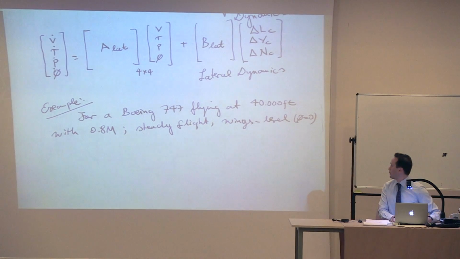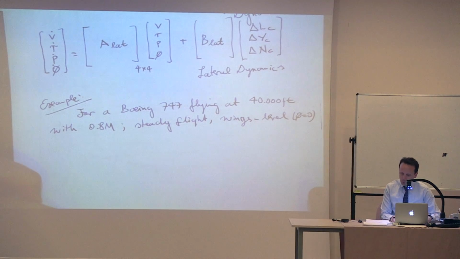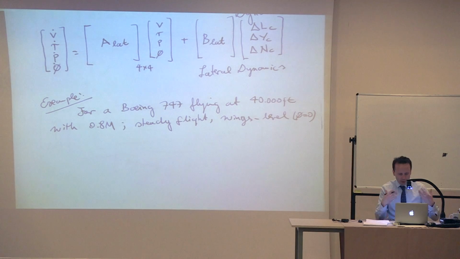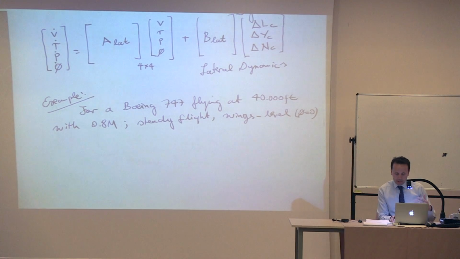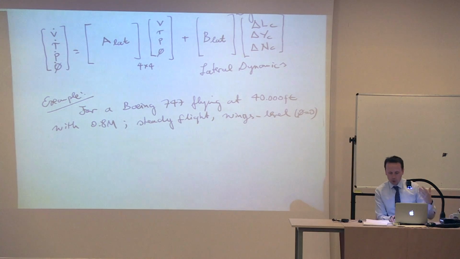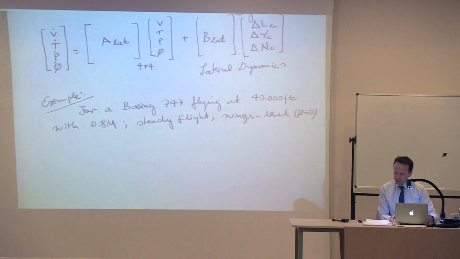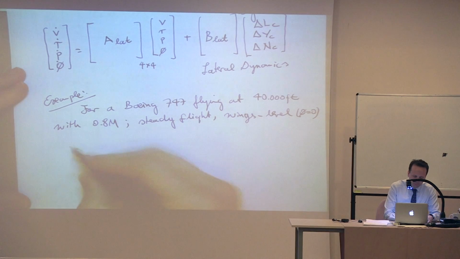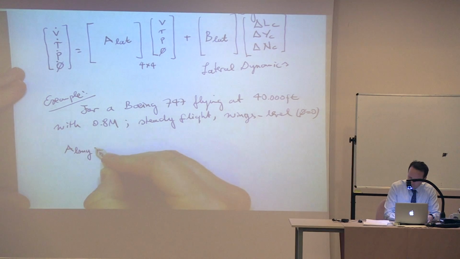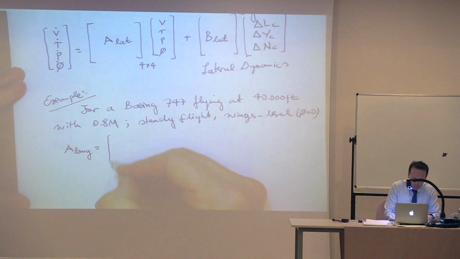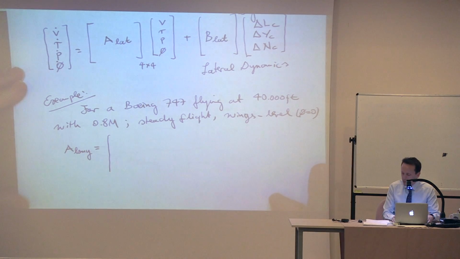For a Boeing 747 flying at 40,000 feet with a speed of 0.8 Mach, and it's a steady flight, so no acceleration, it's in trim, and it's a steady flight. So the A long, the numbers look like this.